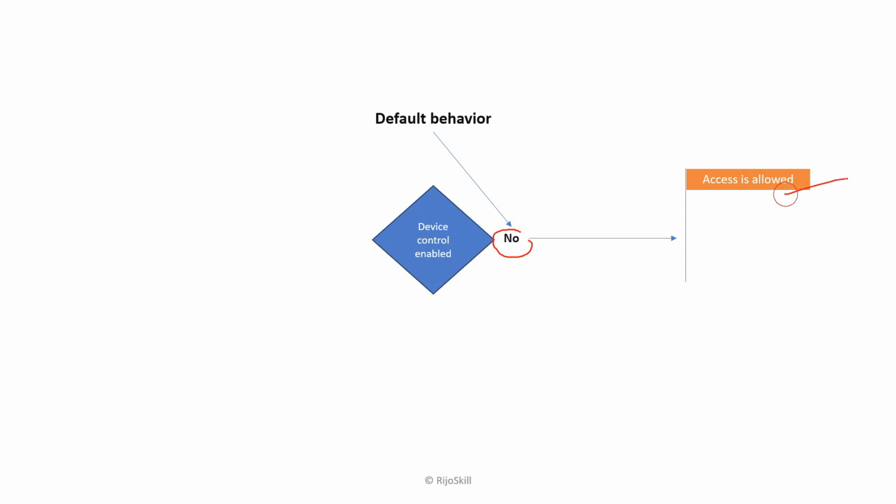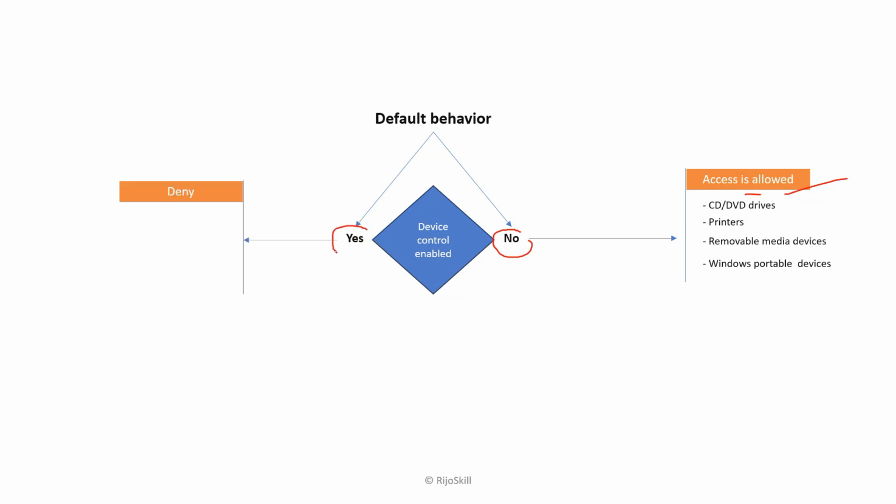Next, we can see the default behavior. Once you enable the device control, if your default behavior is set to no, your access is allowed. You can see printer, removable media, Windows portable device, all access will be allowed.